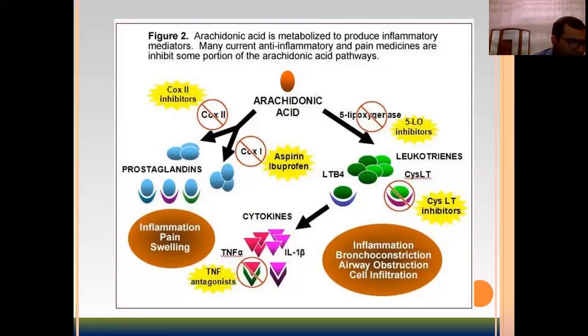Before, I told you that parenchymal cells cause these things, and stromal cells cause secretion of histamine and these things. They also play a role in the inflammatory process, and they support the parenchymal cells.